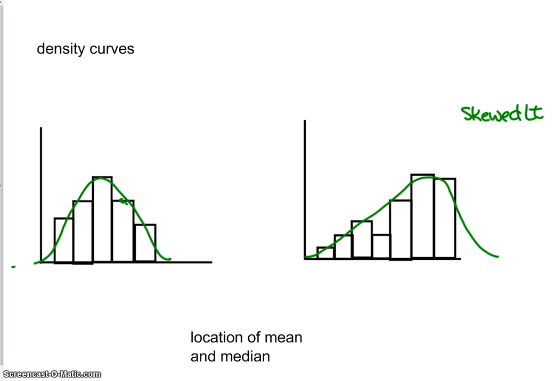Now we want to talk about where my mean and median are in these distributions. The nice thing is that your mean and your median on a symmetric distribution are always going to be at the same place. When we get to skewed, it's a little different.